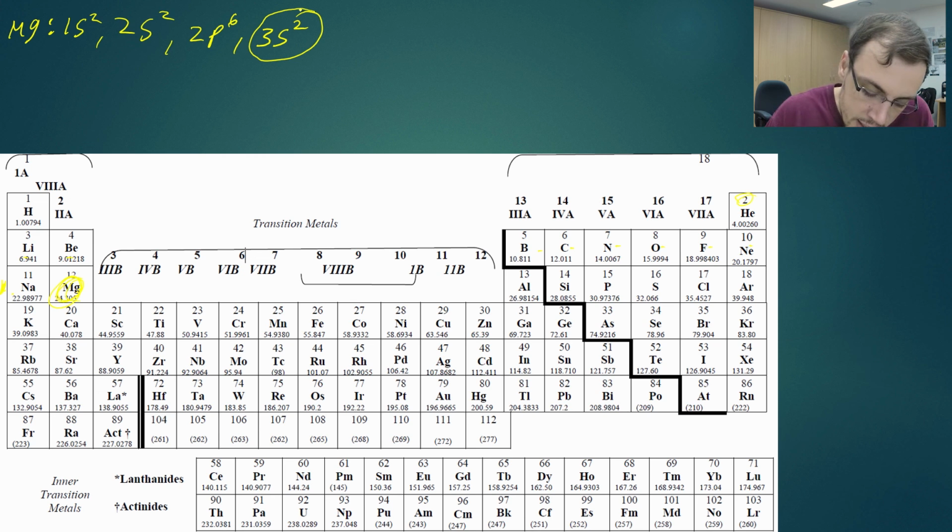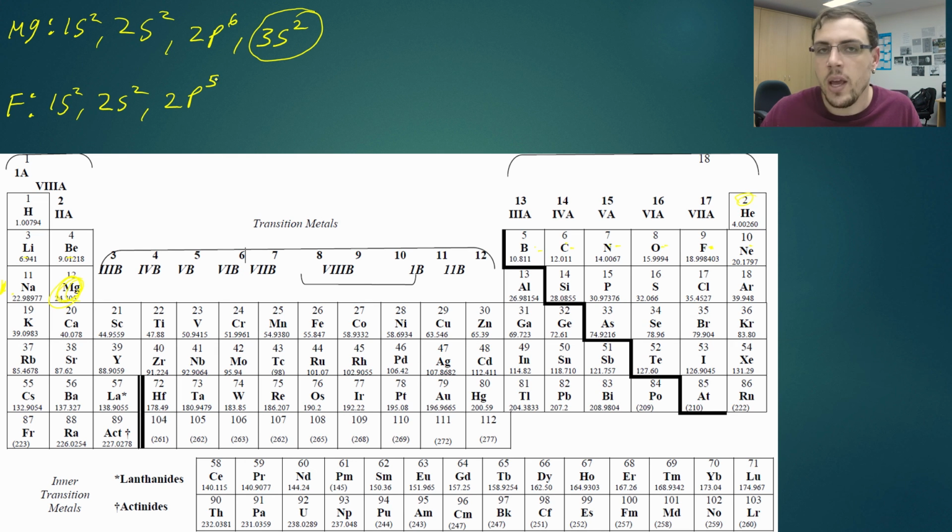Now looking at the next one, which was fluorine. Same deal: 1s2, 2s2, 2p, 1, 2, 3, 4, 5. So 2p5.